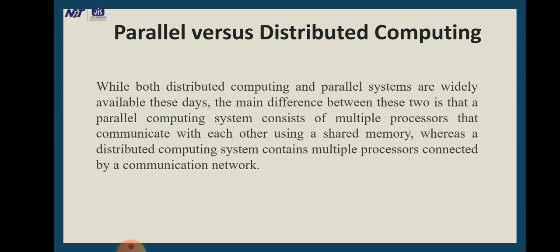Heterogeneity and modularity: a system should be flexible enough to accept a new heterogeneous processor to be added into it, and one of the processors to be replaced or removed from the system without affecting the overall system processing capability.